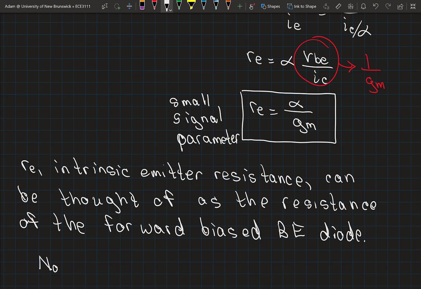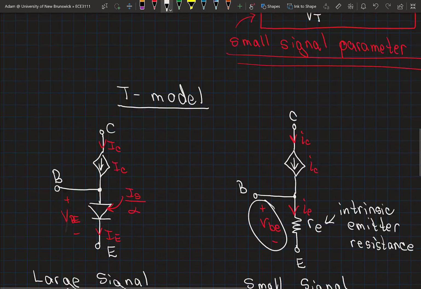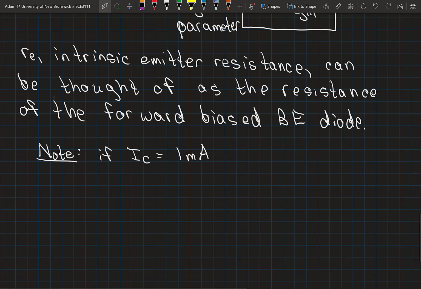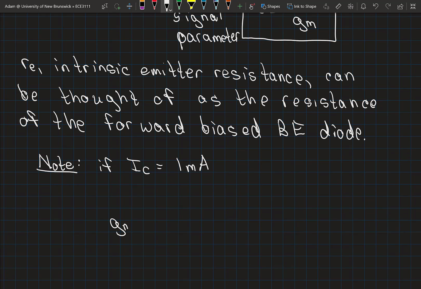Just a note here, it is often handy to remember that if our collector current is equal to 1 milliamp, going up here and referring to this transconductance term, remember that our transconductance is equal to this.